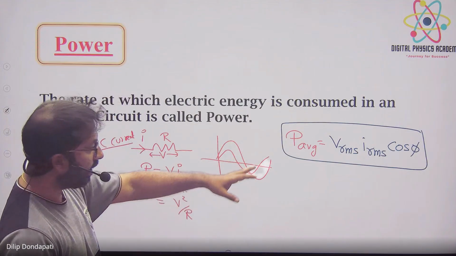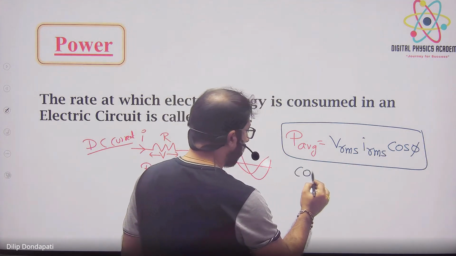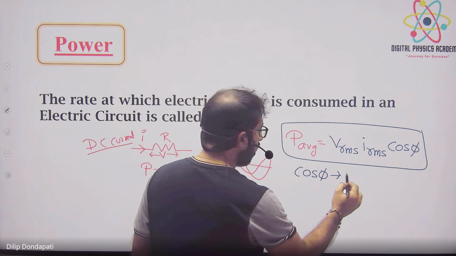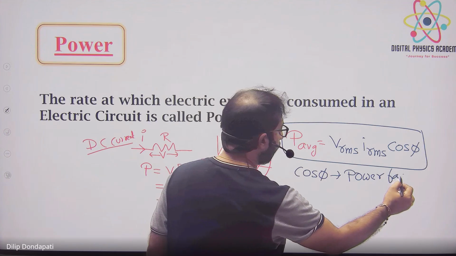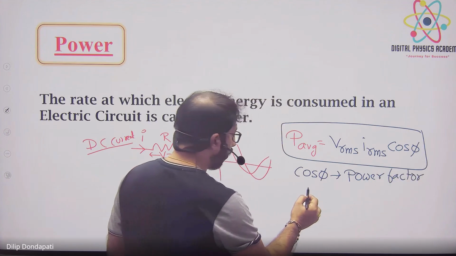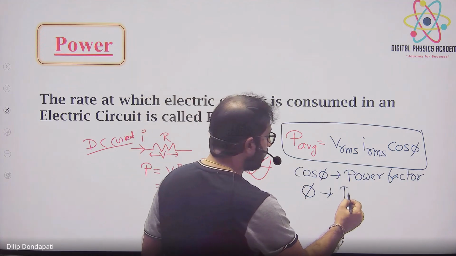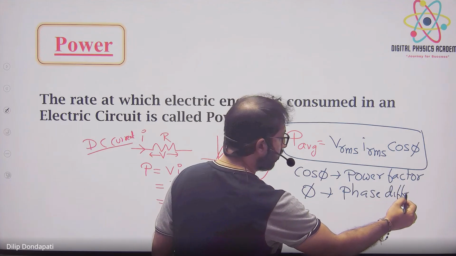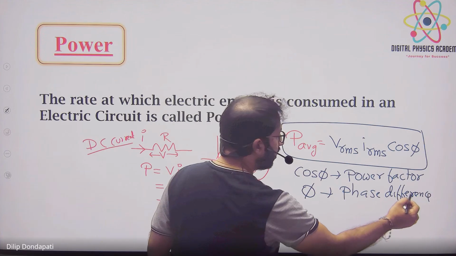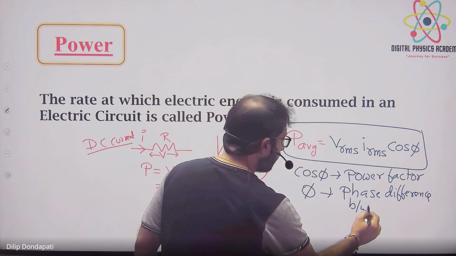And here, what is cos phi? Cos phi is called power factor. And what is phi? Phi is nothing but phase difference between voltage and current.